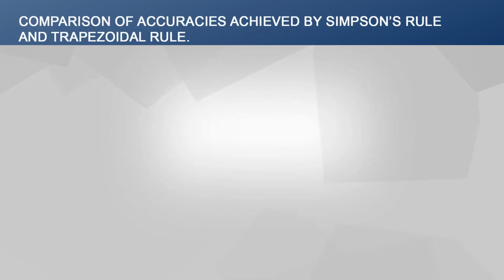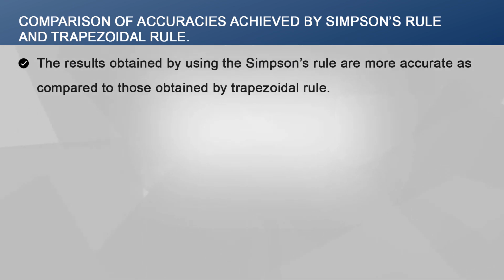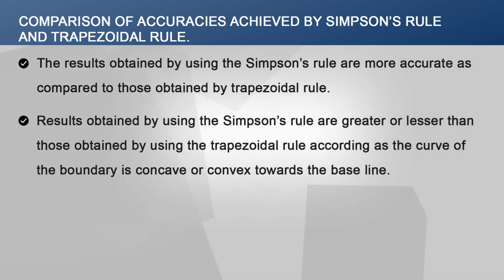Now, if we talk about comparison of accuracies achieved by the Simpson rule and the trapezoidal rule, the results obtained by using the Simpson rule are more accurate as compared to those obtained by the trapezoidal rule. Hence, the Simpson rule is invariably used when better accuracy is required.